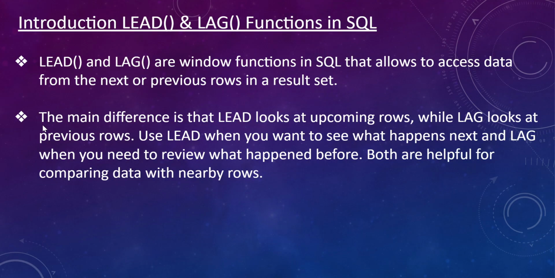The main difference is that lead looks at upcoming rows while lag looks at previous rows. You should use lead when you want to see what happens next, and lag when you need to review what happened before. Both are helpful for comparing data with nearby rows.